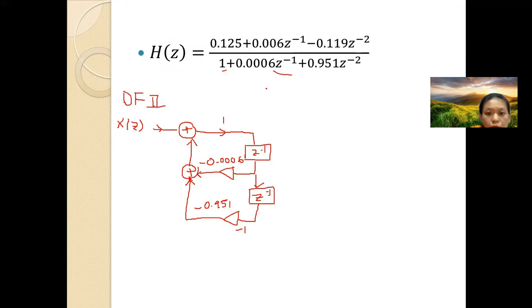Then we have to draw our numerator. First, we go straight. Our first one is 0.125. And then z^-1, we multiply with our 0.006. Then we go and sum up.